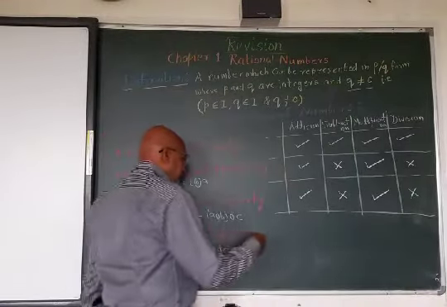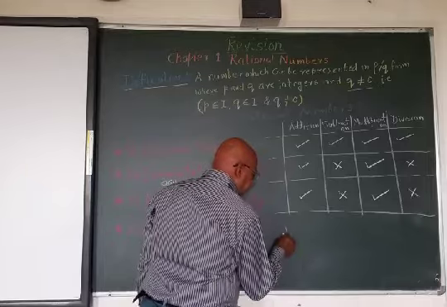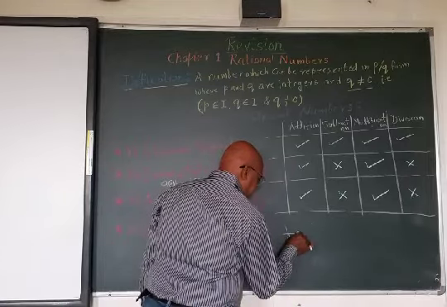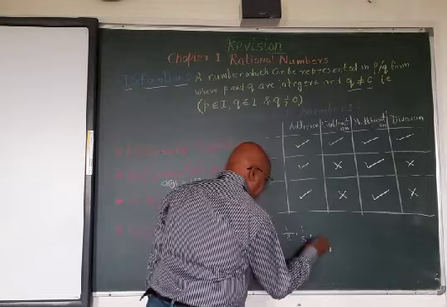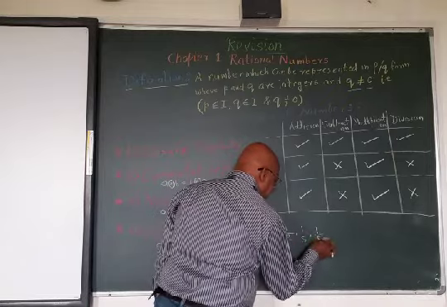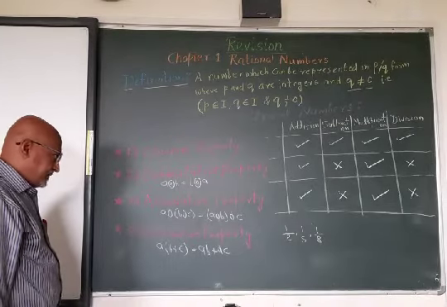For example, if I take 3 rational numbers, say 1 by 2, 1 by 5 and 1 by 8. These are the 3 rational numbers.